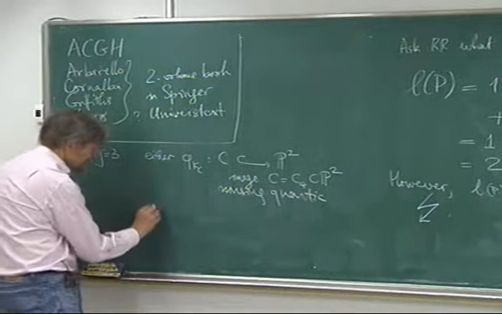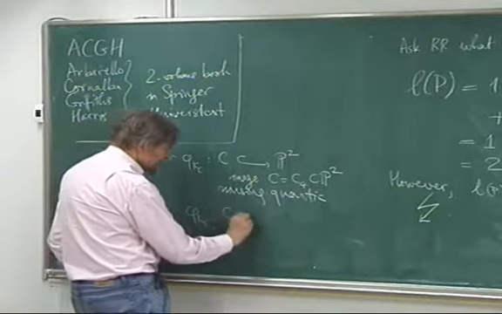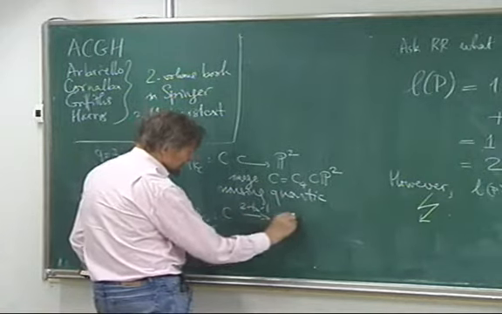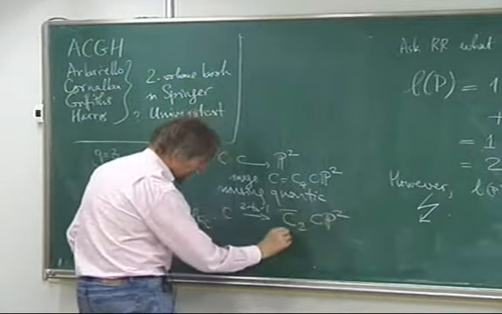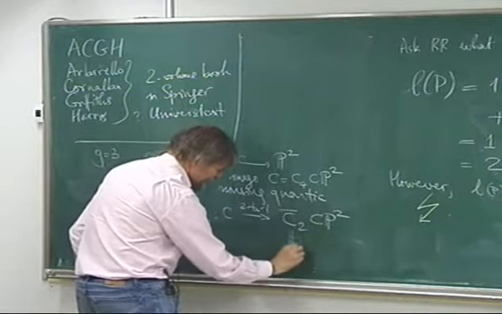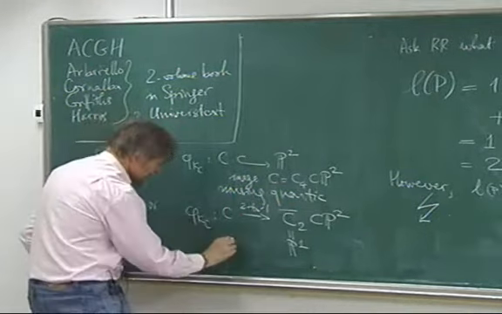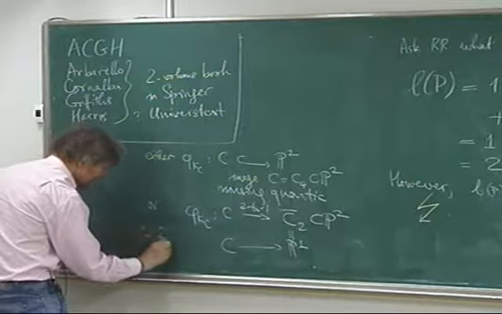Or phi_K_C is 2 to 1 to a conic in P2. So this conic is P1, and this map is exactly that picture there, but with 8 branch points. So this is C given by y squared equals F8.